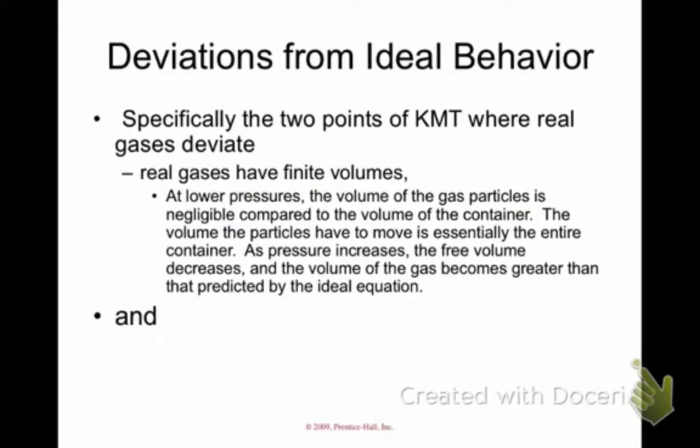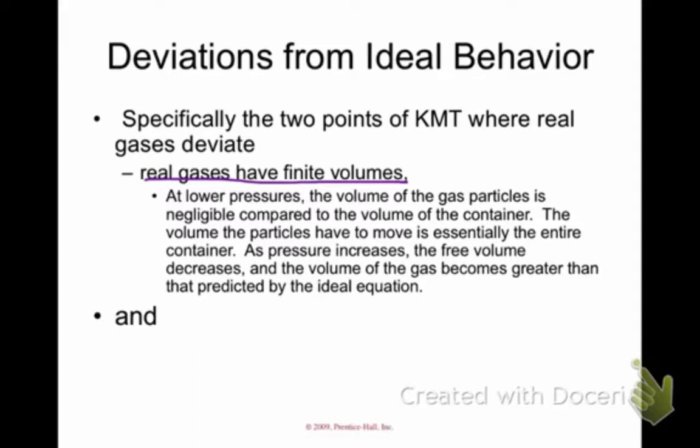The two points we're going to specifically look at, and the reason we deviate from ideal behavior, is that real gases actually have finite volume. At low pressures, we have a huge amount of volume between those gas particles.